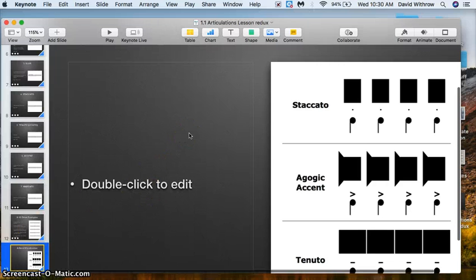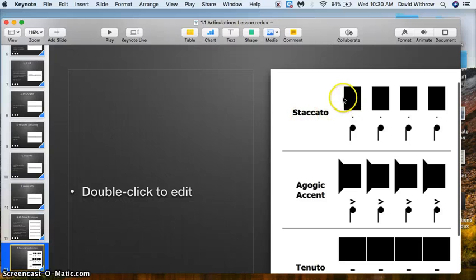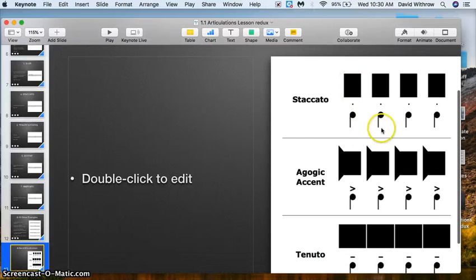All right, this slide is a great visual representation of how these will sound. You know, the beginnings of the notes, the attack, the sustain and the release of the notes. Staccatos, dit, dit, dit, dit, dit. We hear those spaces in between. Agogic accents, that just means strong on the beat accents.